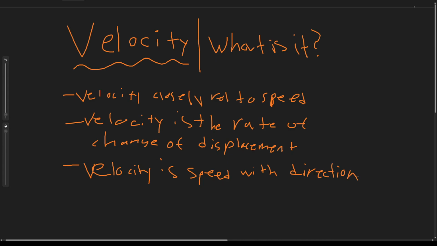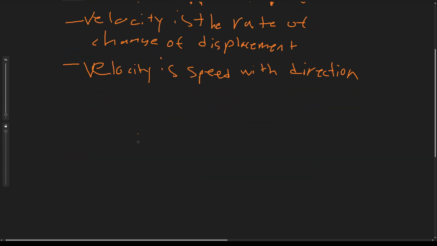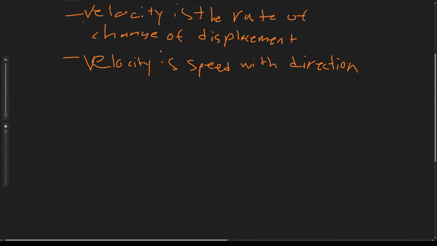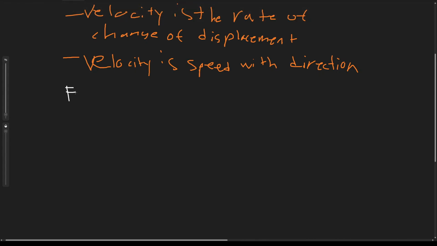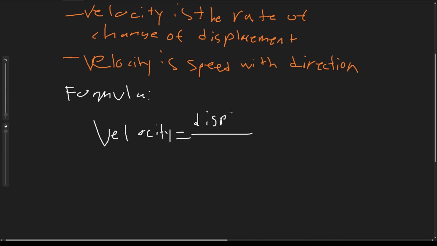Let me elaborate on that, but first, let me give you the formula. The formula for velocity is displacement, and I'll get to what displacement is in a second if you don't know what it is.